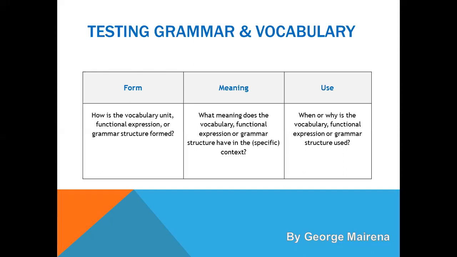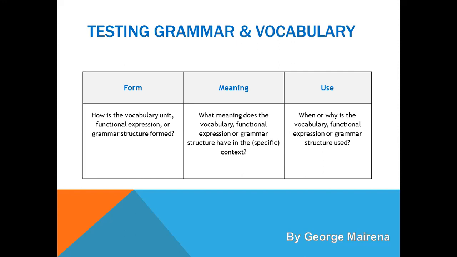If we check a grammar tense and check the form, let's see the present perfect. As you know, present perfect is formed with the auxiliary have, right? And then plus the past participle of the verb. As you know, all the perfective tenses work with the past participle of the verb.